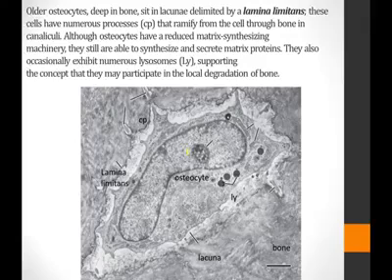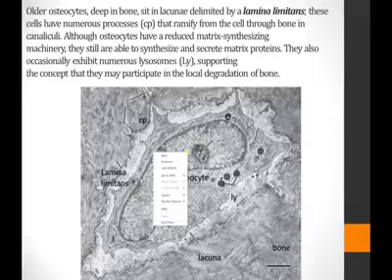Although osteocytes have reduced synthetic machinery and are not able to synthesize a lot of proteins, they can synthesize some proteins. They also have some mechanism for local degradation of bone that is believed to be lysosomes. It is believed that they have some lysosomes, which is why they can do local bone degradation.